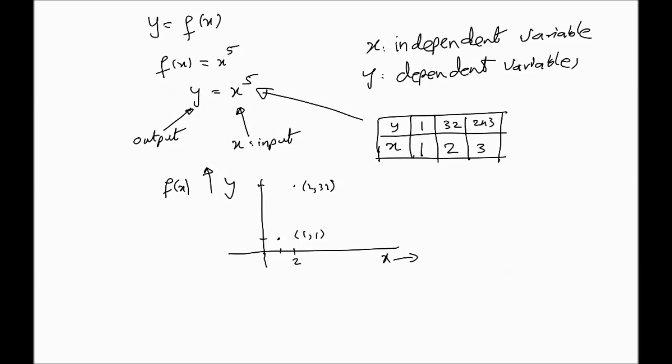Now these things are called ordered pairs. Again, as I said, this is a primer, so I'm trying to get you back into understanding some of these terms, and we may use these later on, but this is a well-known term.